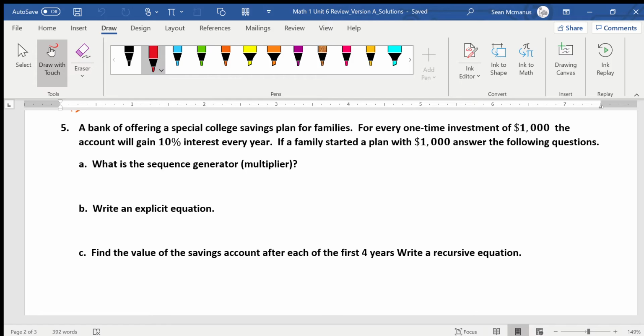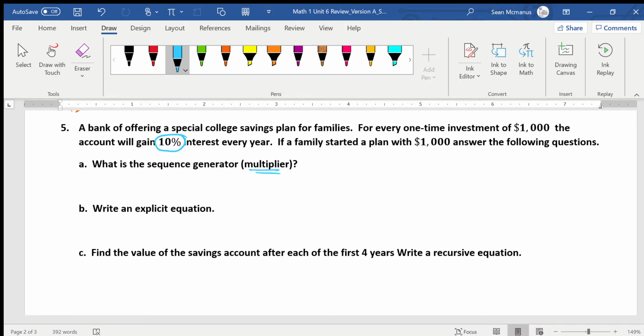What is the sequence generator? So first we need to think about, let's do it in the order that it asks. So I see that I'm gaining 10% interest. So my sequence generator, or we refer to it more as the multiplier in our class.